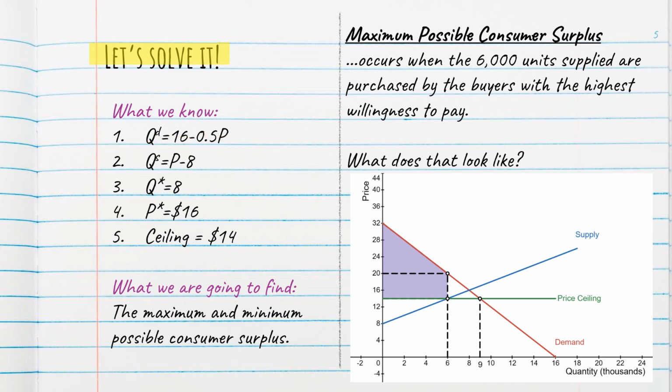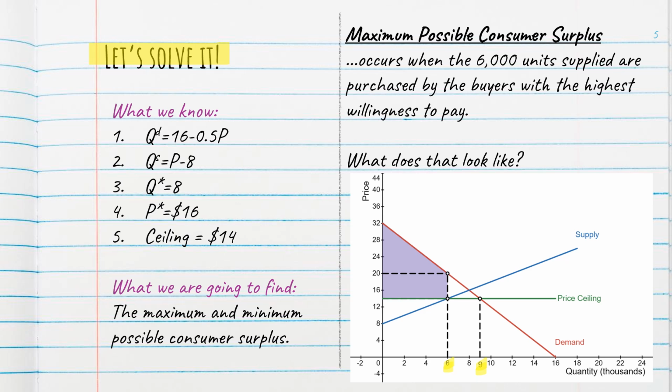Sketching this with some accurate details like that is very important if we want to compute the area of this purple trapezoid. We need to know how tall the demand curve is. In addition, I've put in my price ceiling line at $14. We did the math, the quantity supplied at a price of 14 was 6 and the quantity demanded was 9.